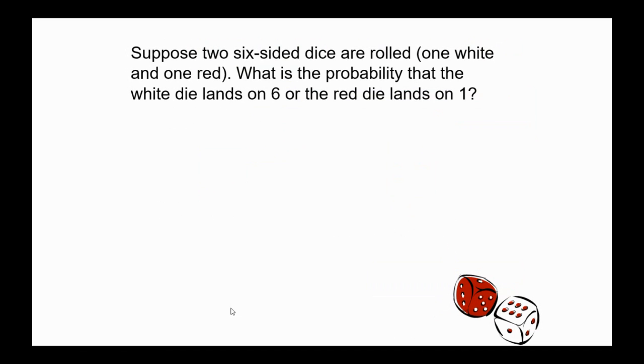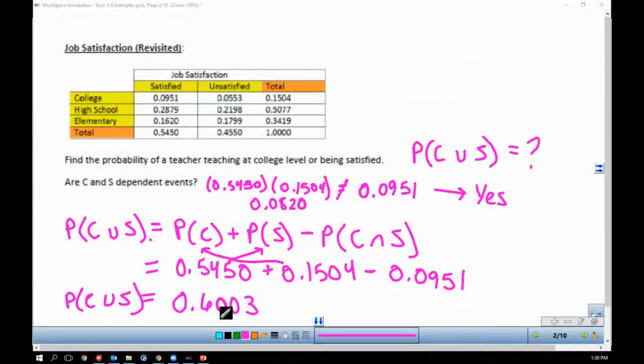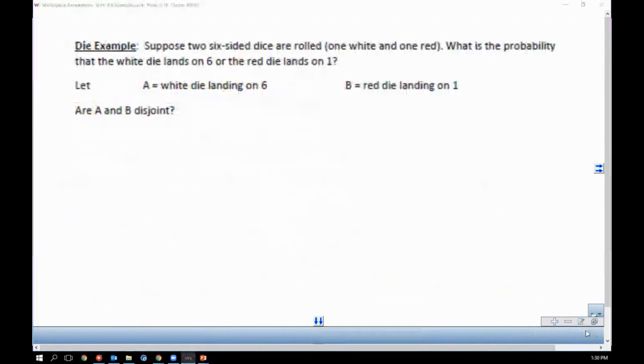So let's look at these. Okay, so we're going to say A is where the white die lands on a 6. B is where the red die lands on a 1.